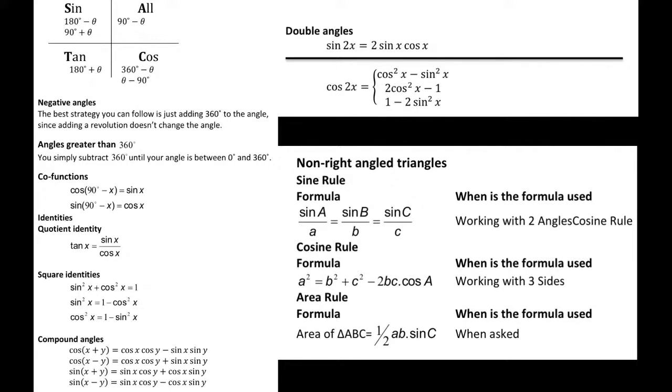So I can compress f of x into a sine compound angle. Inside the compound angle, I'm going to have x plus 25 degrees as my first angle, and because it is a minus, and with sine it stays the same, I'm going to have 15 degrees there.